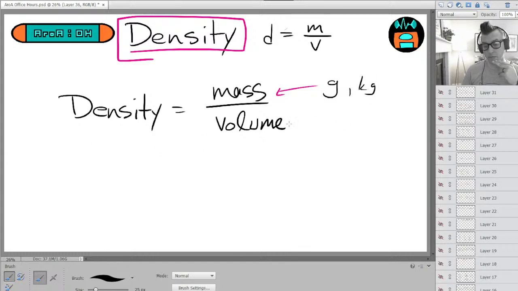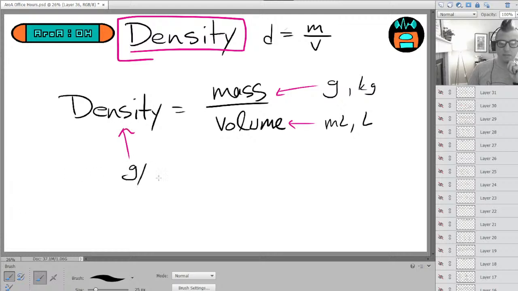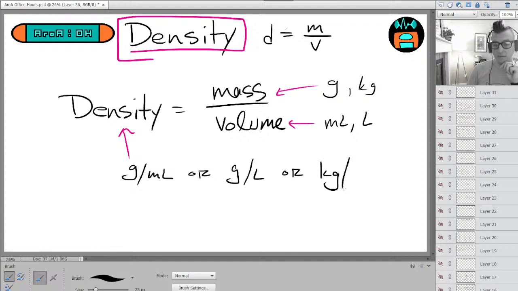The volume, the denominator, varies more widely: it could be milliliters, could be liters, but it really could be any volume unit. So you'll see densities often expressed in grams per milliliter, or grams per liter, or sometimes kilograms per liter.